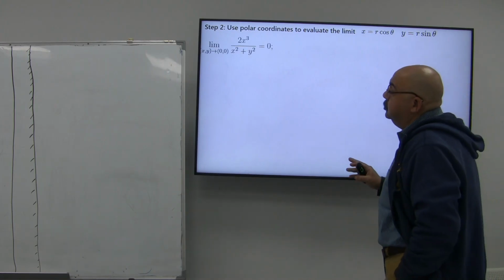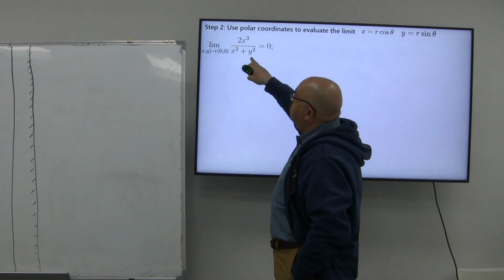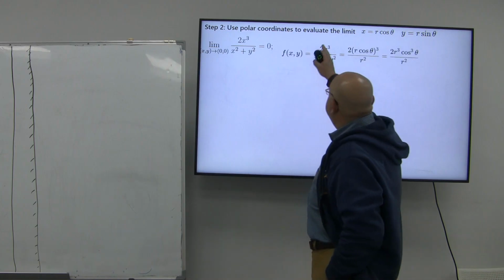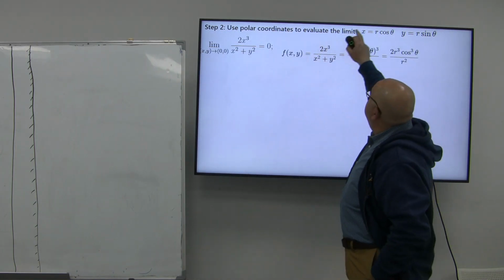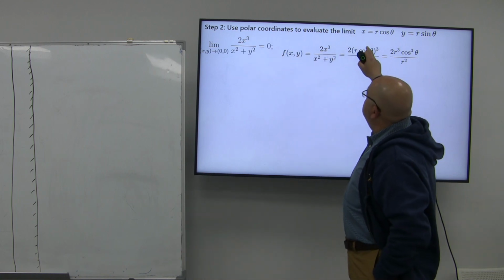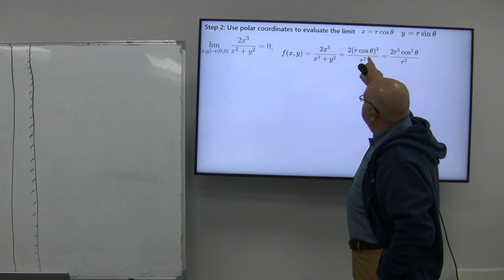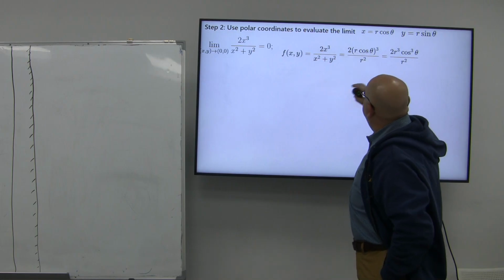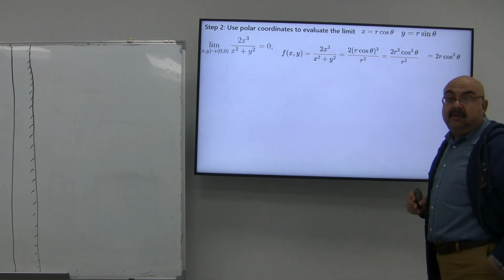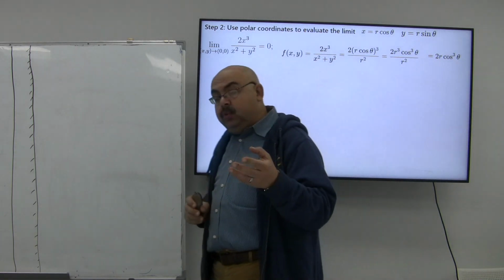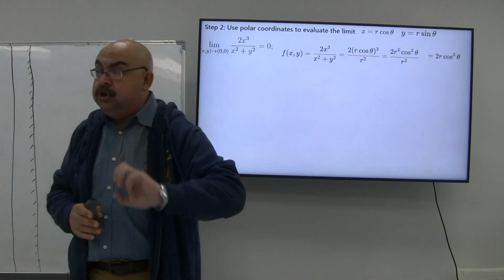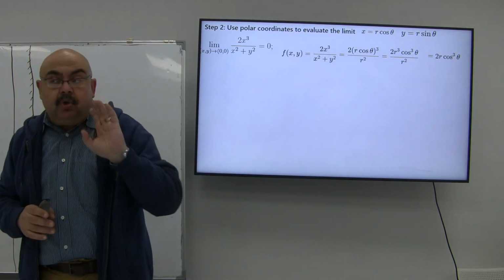So now all I have to do is start substituting in this function. So the numerator is going to be r squared, and for the denominator, replacing x by r cosine theta to the power of 3, it's going to be r cubed cosine cubed theta. So once more, you can take r squared, eliminate r squared with r cubed, and you will end up having some function in r times cosine theta. Now, once we move to polar coordinates, we have a function in r, regardless of the value of theta.